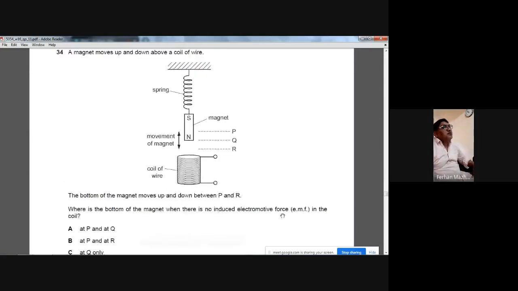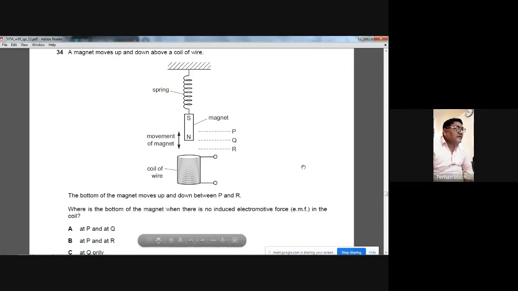It says a magnet moves up and down above a coil of wire. The bottom of the magnet moves up and down between P and R. Where is the bottom of the magnet when there is no induced electromotive force in the coil?